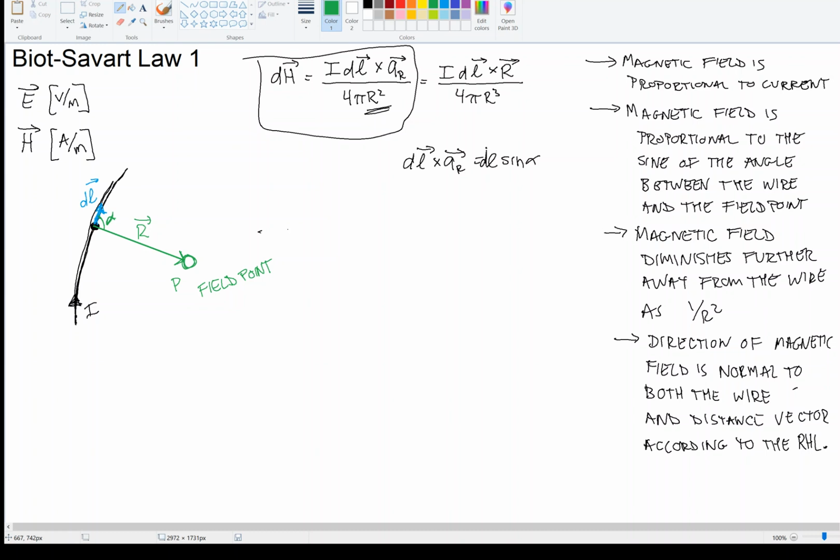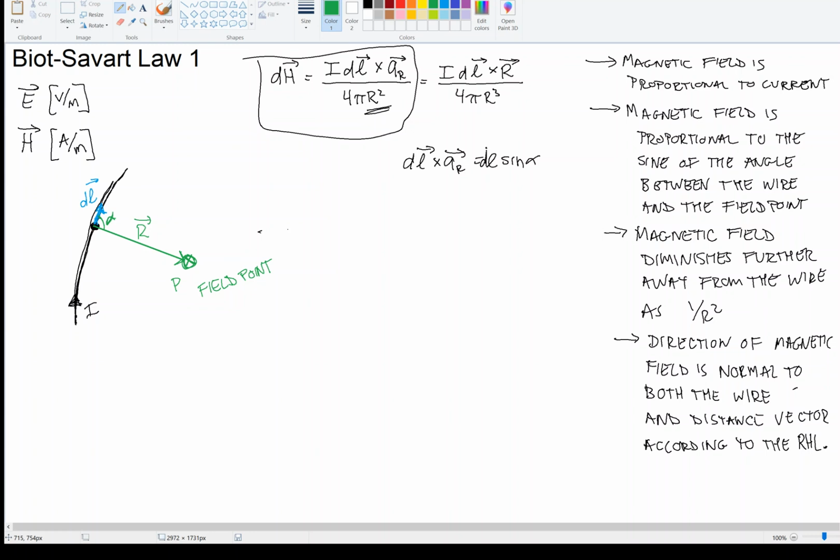So you're pointing up, then you're curling to the right, then your thumb should be pointing into the screen. So that means the magnetic field at this point goes in, and we represent in as an X, like an arrow that's going in. Again, I point my fingers of my right hand up, then I have to finagle my wrist and my elbow a little bit so that I can curl my fingers in the direction of alpha towards the field point. So that would be clockwise, and then my thumb is pointing into the page.